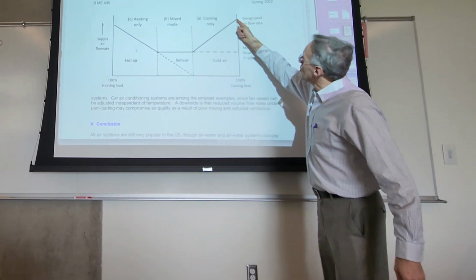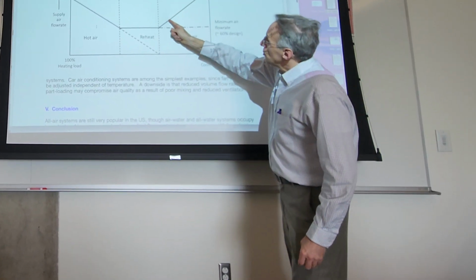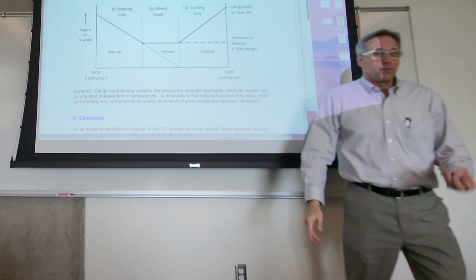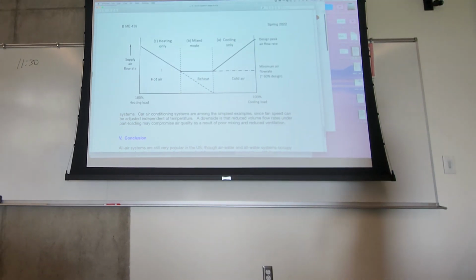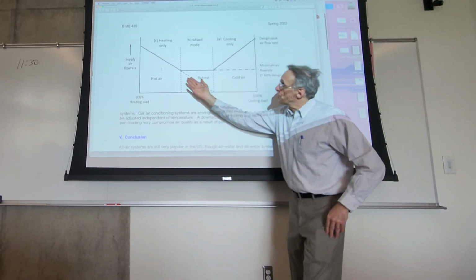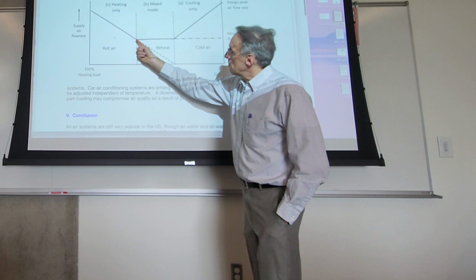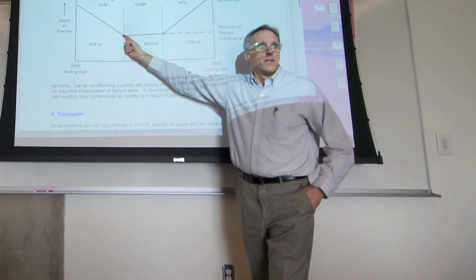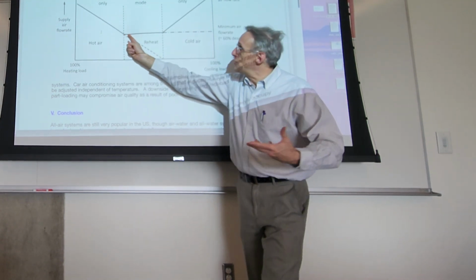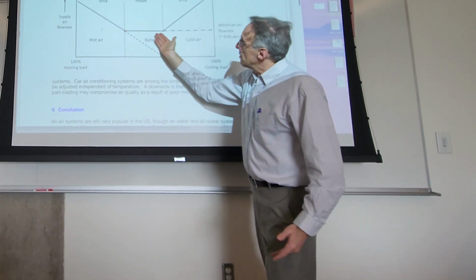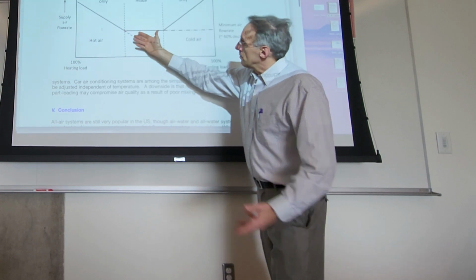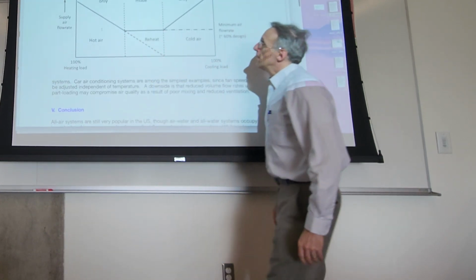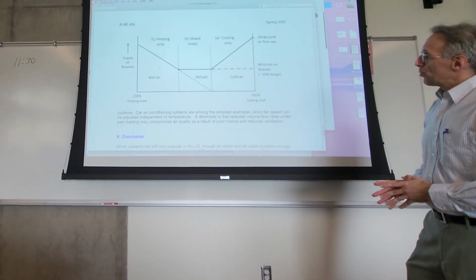The same in the summer, if you're cooling, you can get to a point where you dial the volume down and then you go below the allowable for ventilation. These systems are set up not to allow that to happen. They automatically shut off. I think it's 60% of maximum, something like that, to make sure you have proper ventilation. And then you have this dead band in the middle here when you're in between full heating and cooling mode, and this is a mixed mode of operation.